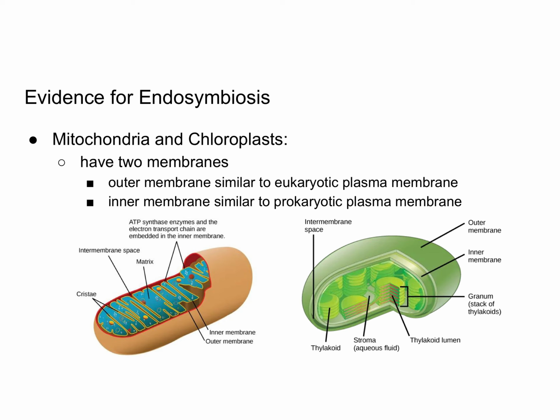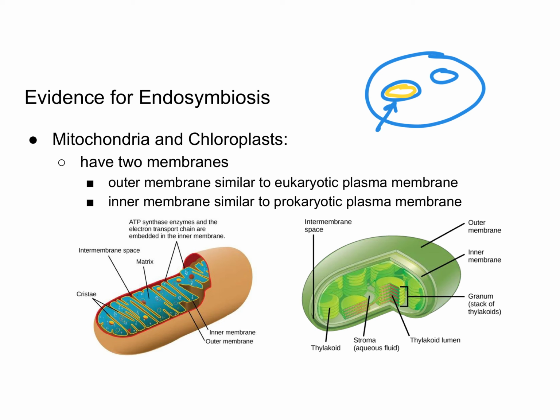Mitochondria and chloroplasts also have two membranes, and likely the outer membrane came from the engulfing cell, then the inner membrane came from the prokaryote that was engulfed.